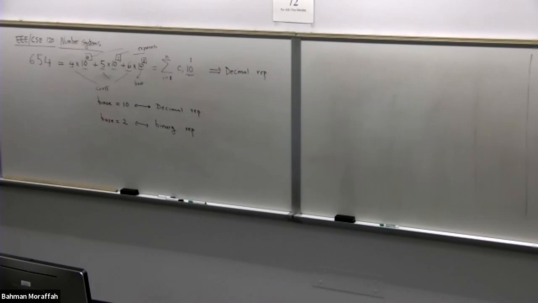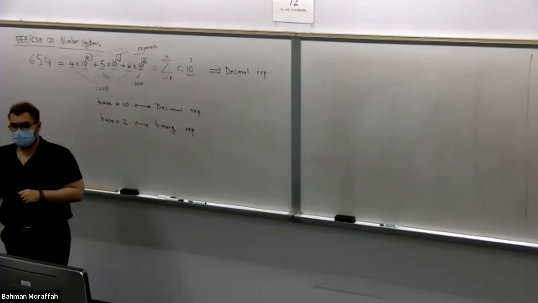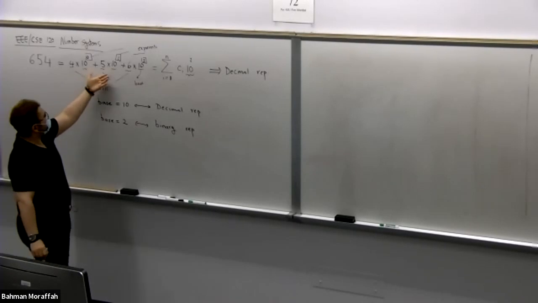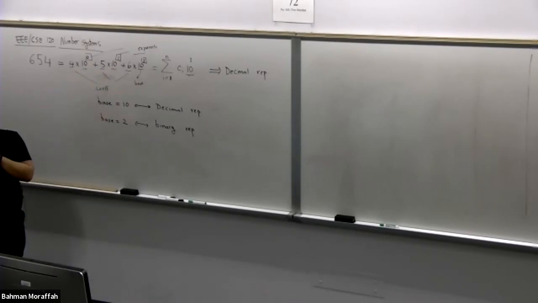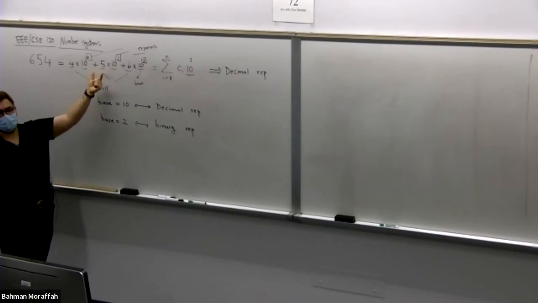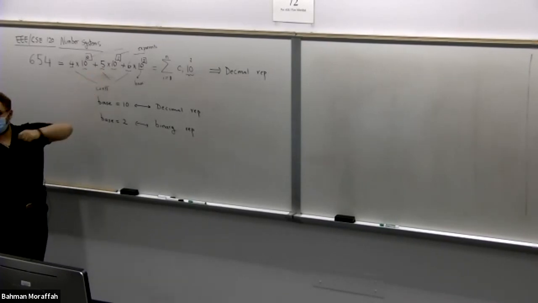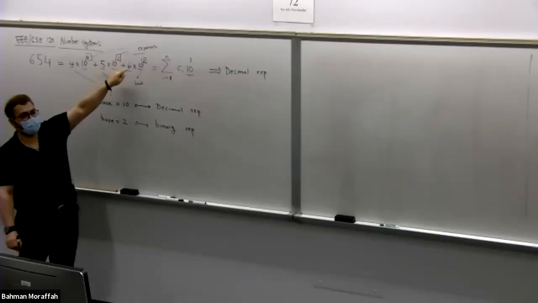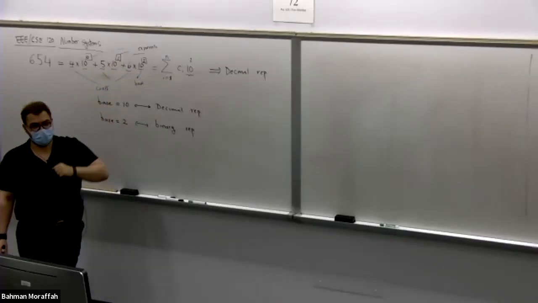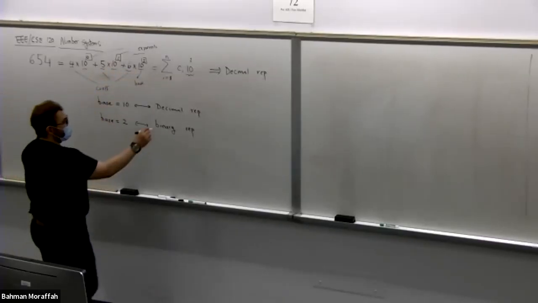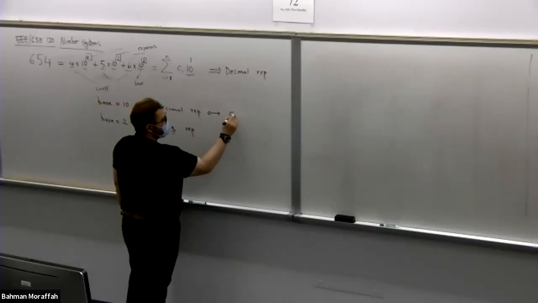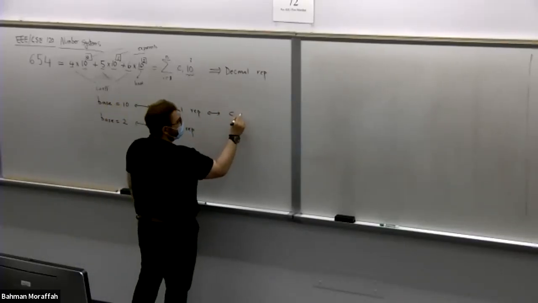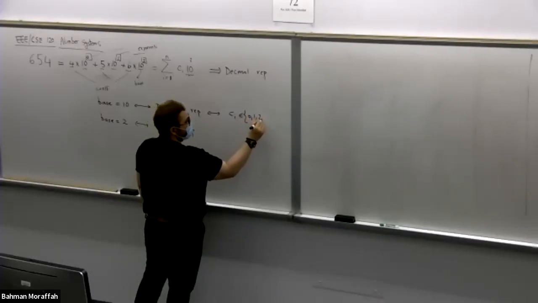Let's talk about this decimal representation a little bit more. Look at the coefficients. What's the range for the coefficient? Can a coefficient go above 10? No. Because if it's more than 10, I can add one more to the next position. So it never goes above 10. In this representation, all the coefficients ci belong to 0, 1, 2, up to 9.